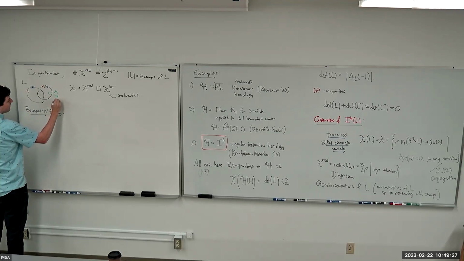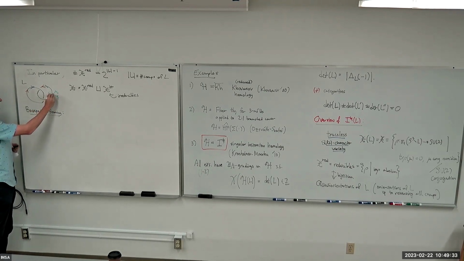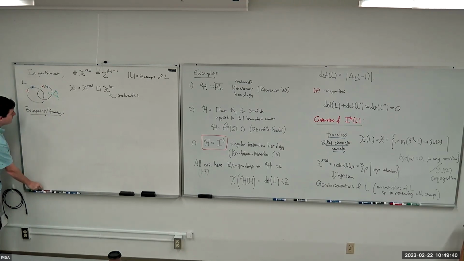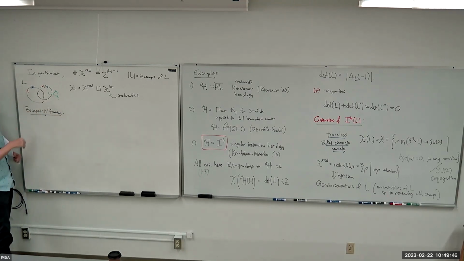So first of all, maybe you have a preferred base point, which you're using to compute pi1. And then you also have a preferred meridian around a particular component of your link. That's all I really mean by this, if we're thinking about things in terms of representations.